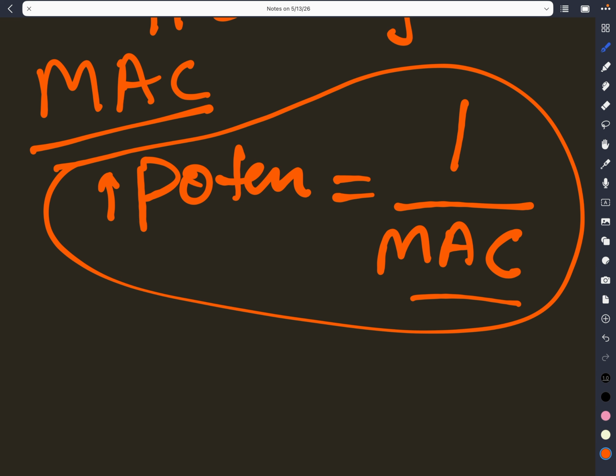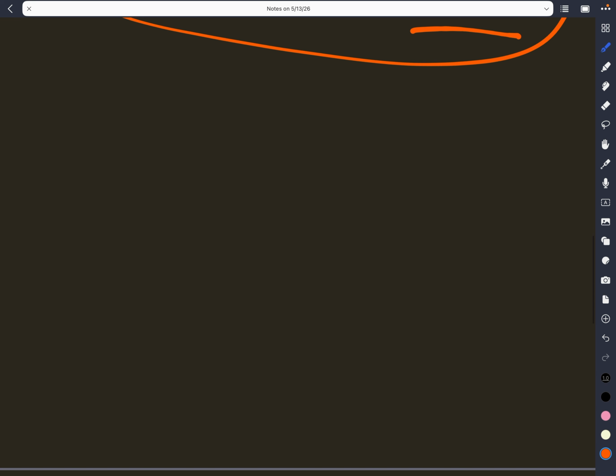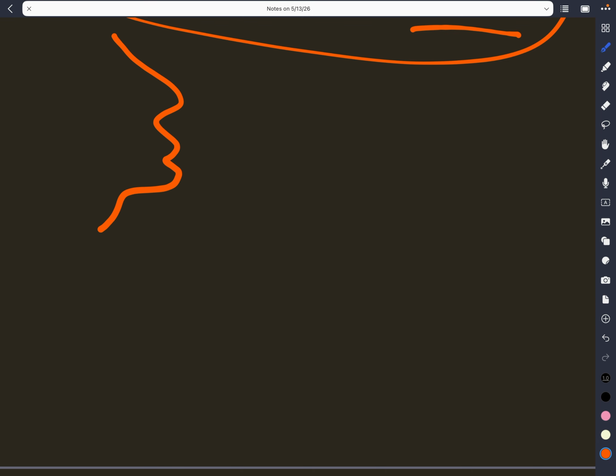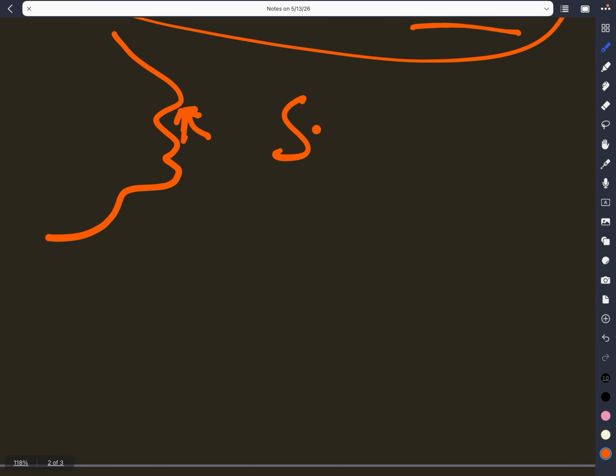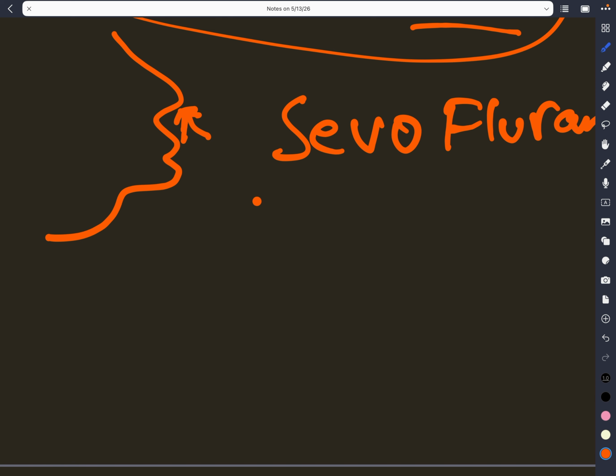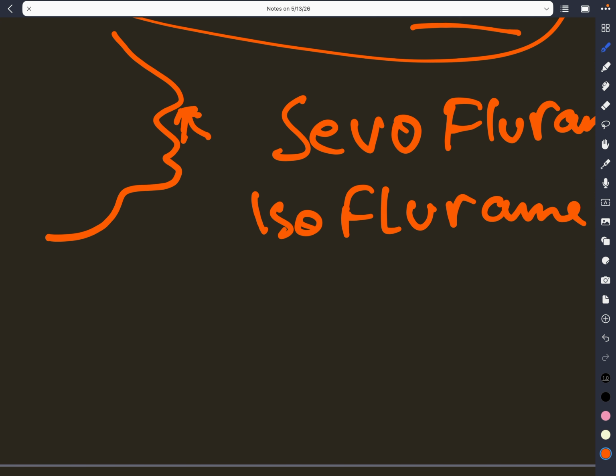Now let's see what the two classes of anesthetic drugs are. One is inhaled. So this is our nose. The ones that you inhale through the nose are inhaled gas anesthetics: sevoflurane, isoflurane, and desflurane.